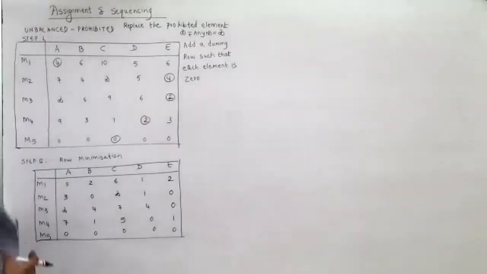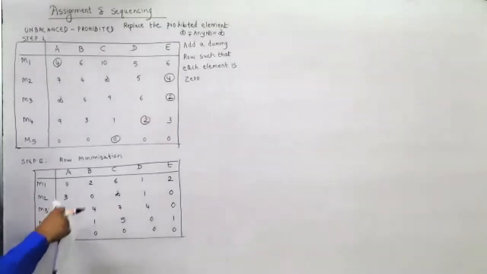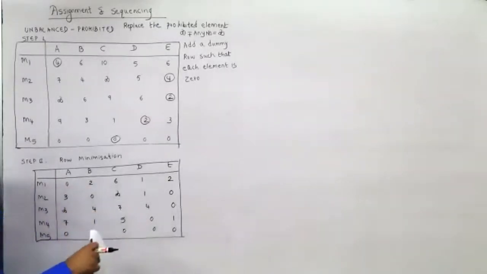Now, column minimization: the matrix remains unaltered because here each column has a 0. So, in column minimization, the matrix remains unaltered. So, step 3, column minimization, and right here, matrix remains unaltered.